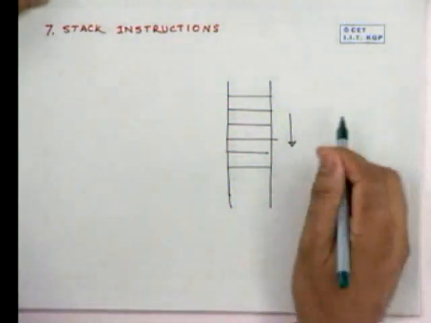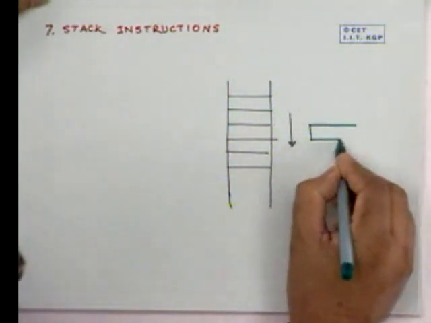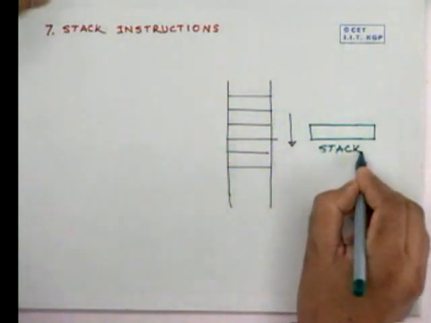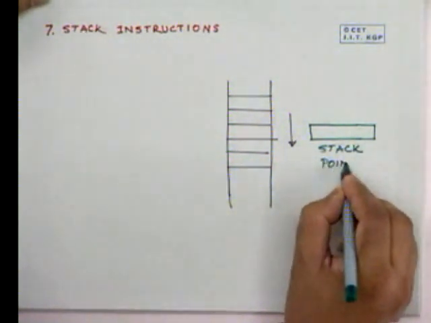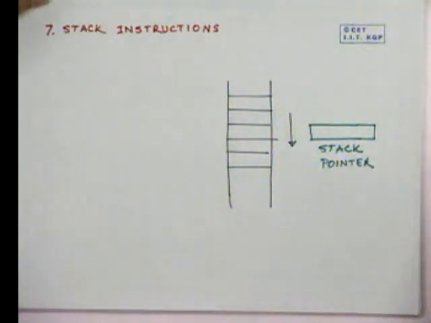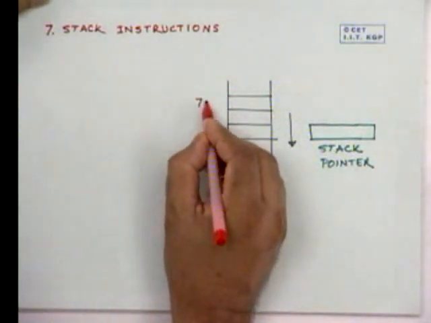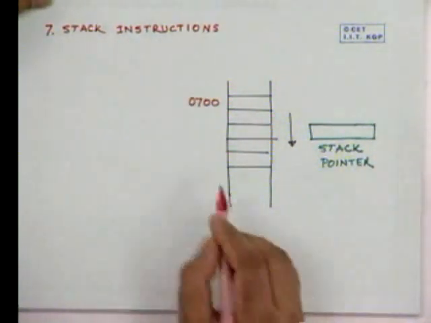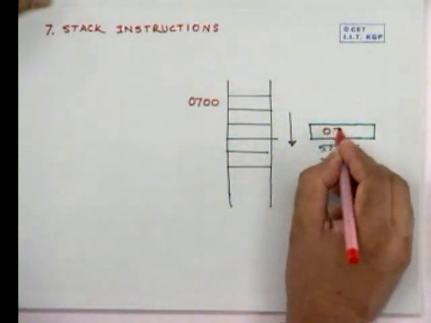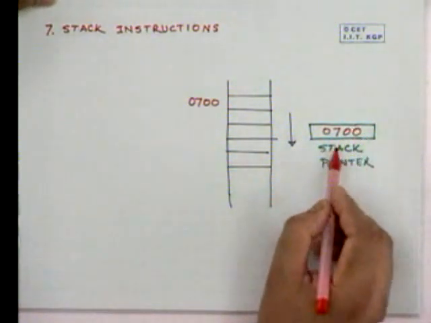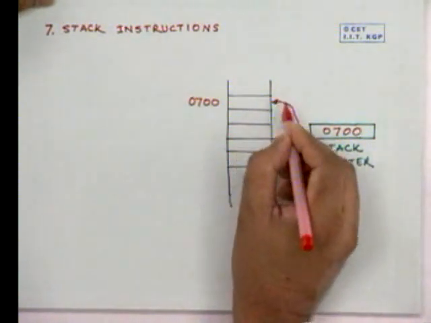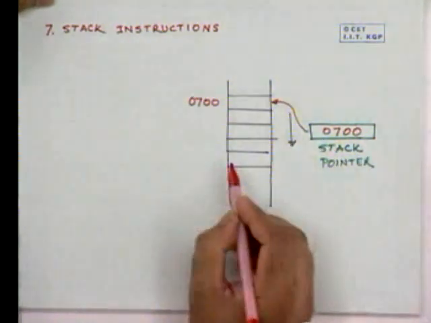Say this is our stack pointer, and this is the memory location 700. Now this is basically a hardware register. Say this contains 0700. Then the stack pointer, this hardware register, points to this memory location, and this is the present top of this stack.